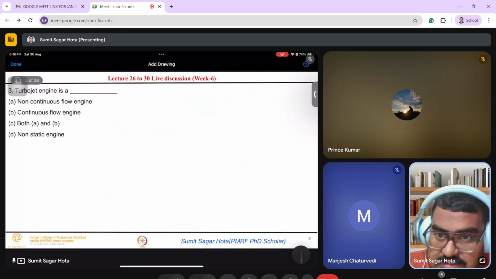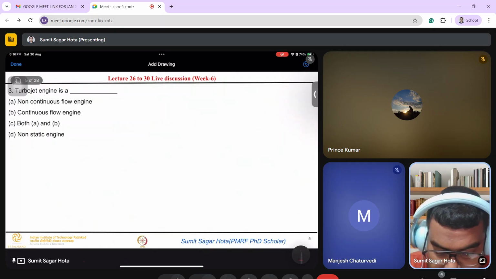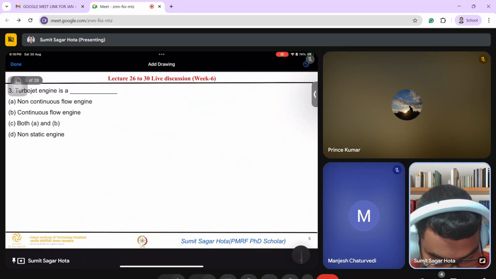Next, a turbojet engine is a dash. It's a continuous flow engine.